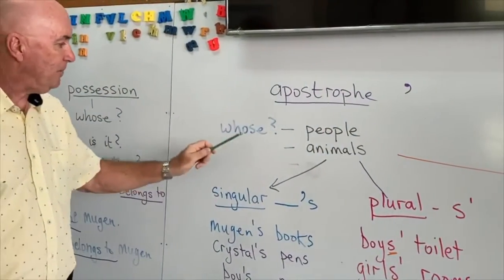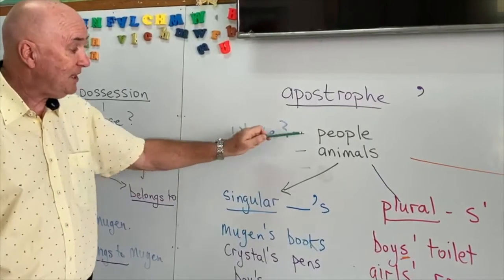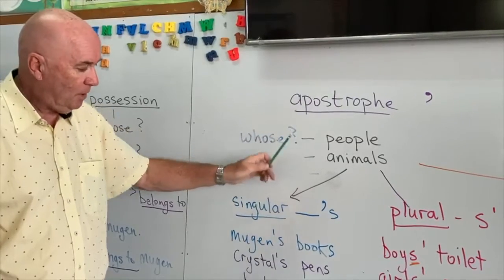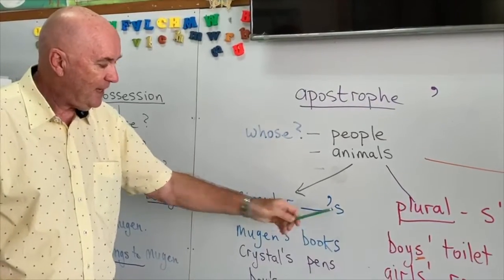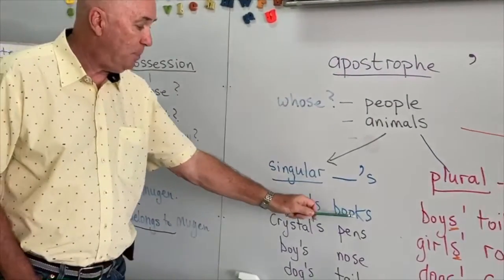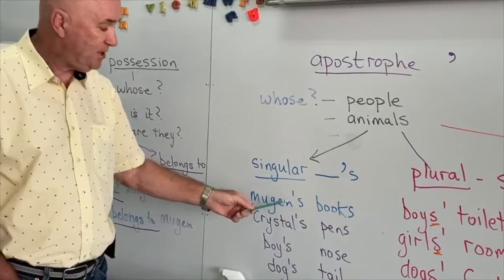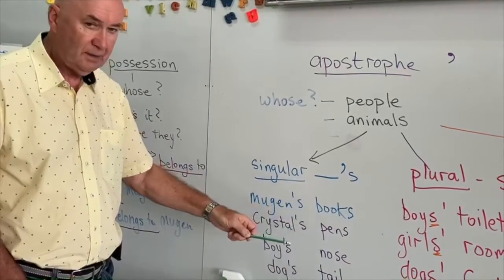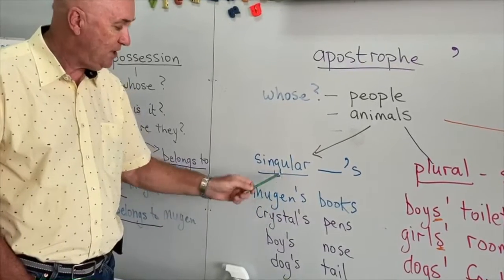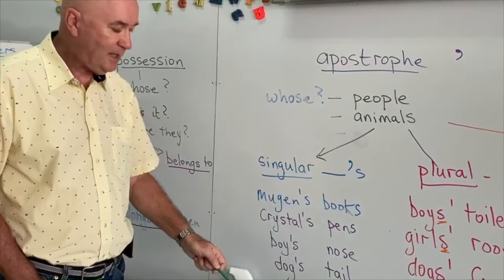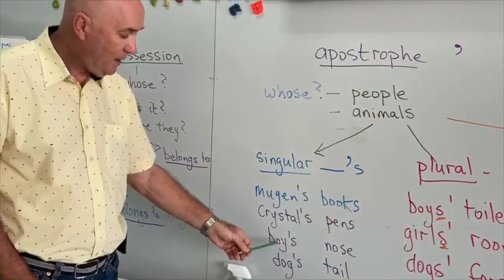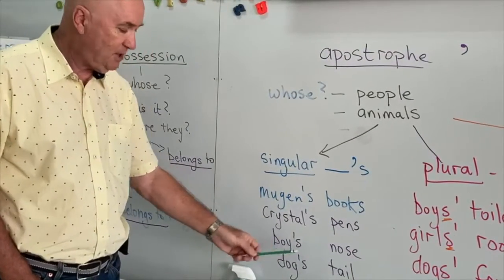Now, the first thing, if the answer to whose is it is one person or one animal, then we use apostrophe S. So, the book of Mugen, Mugen's book, one person, apostrophe S. The pens of Crystal, Crystal one person, singular, apostrophe S. The nose of the boy, one boy, apostrophe S, the boy's nose.